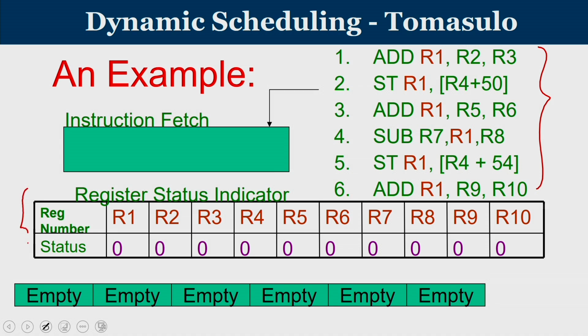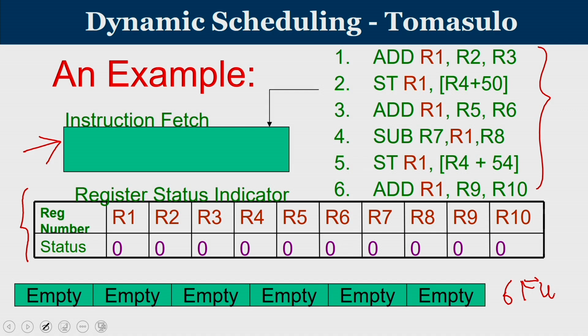So, this is the RSI value of these 10 registers. This box will tell you the current instruction that we are operating on, and we have a total of 6 functional units. For the time being, let us assume all these 6 functional units are identical. So, whatever be the operation, it can be assigned to any functional unit.